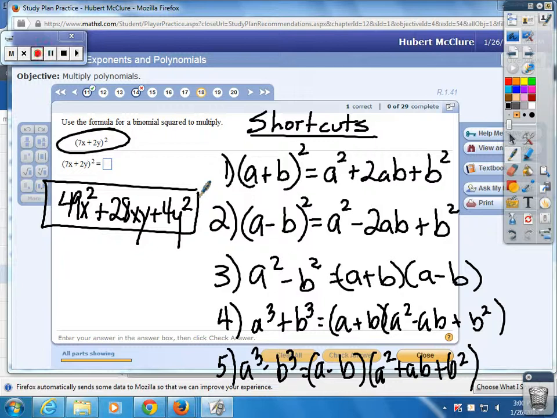All I know is if you don't know how I got this, especially the 28xy, then you need to review over this. Or send me an email in office hours, or send me a question if you got a homework question. Question on that one? All right, that's your answer. Let's go to the next page.